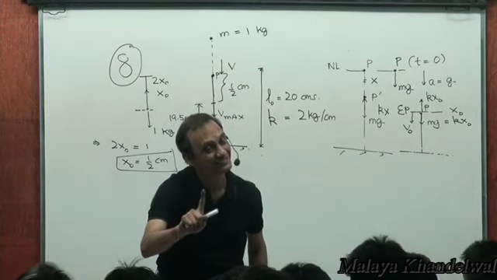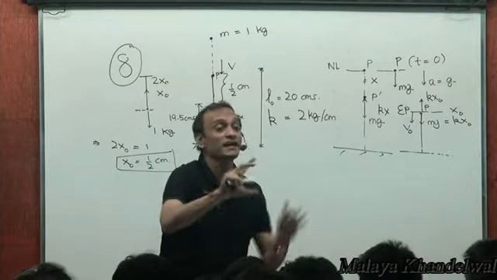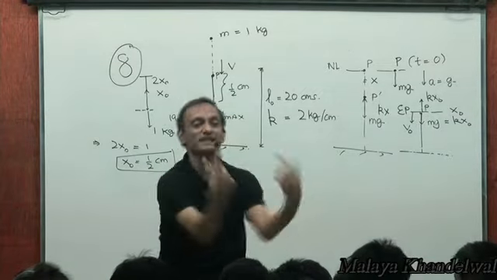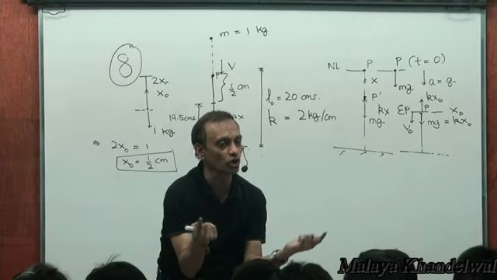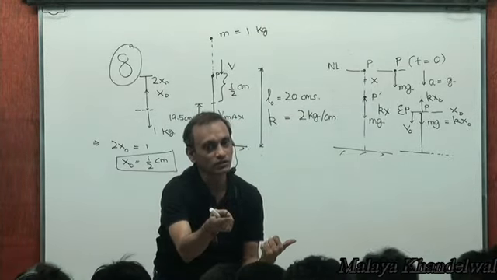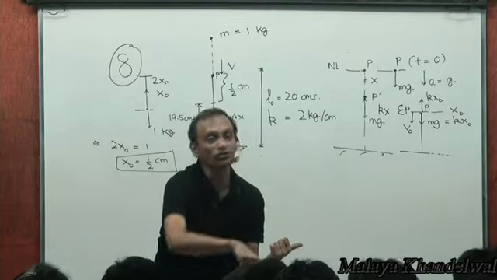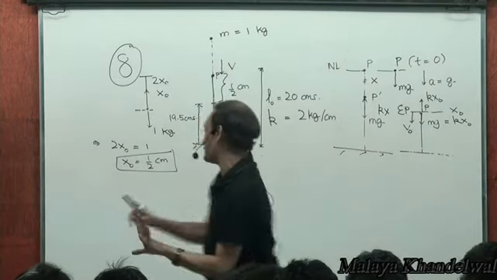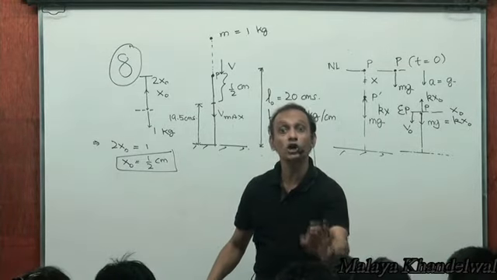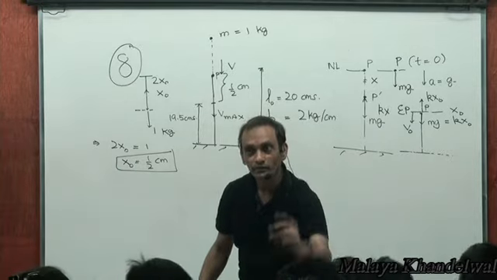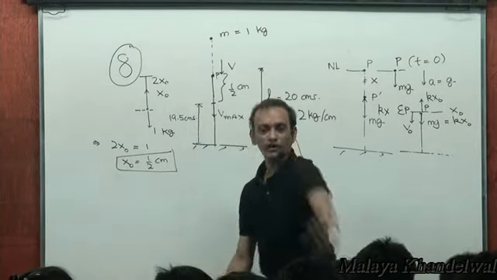You know what I'm saying? Whoever must have written these options must have made this mistake. That's why he got one of these options. 15 centimeters is what the gentleman must have got. That's out of making a mistake, right? But it should be 19.5 centimeters from the bottom. That's the right answer. Not there in any of the options, right? Yes or no? Very good.